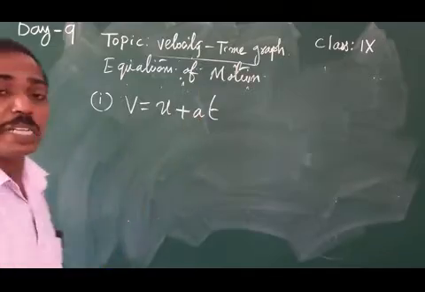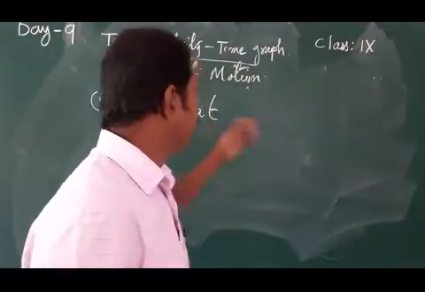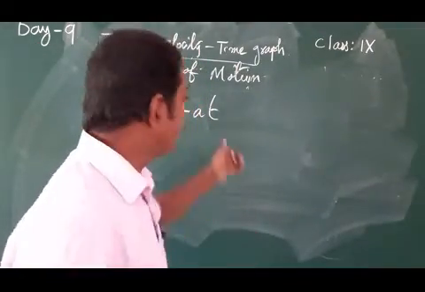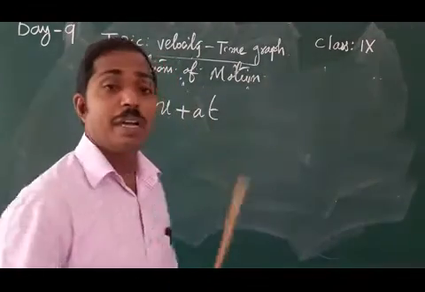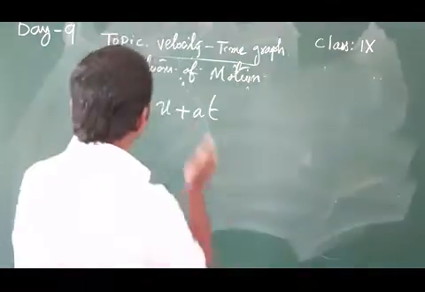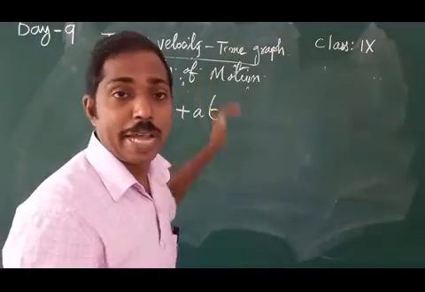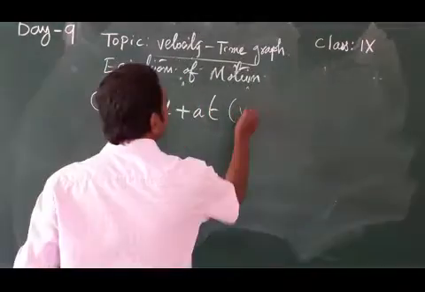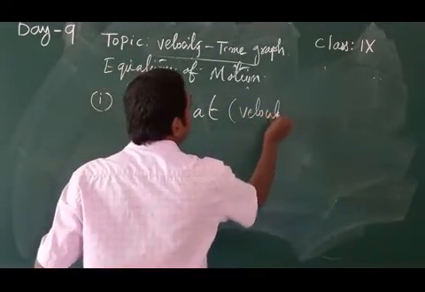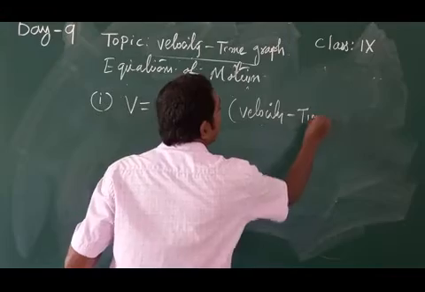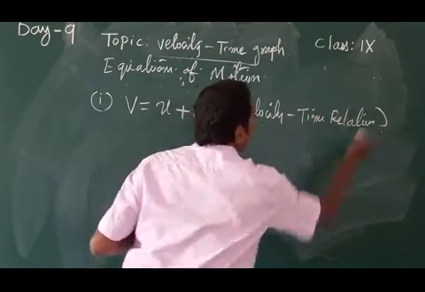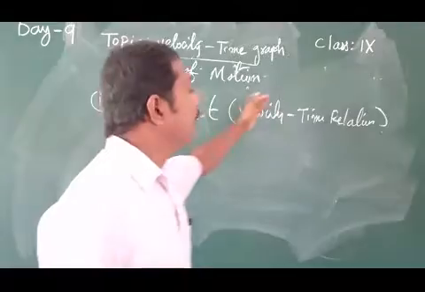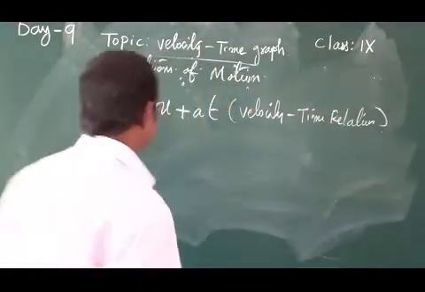What is acceleration? Acceleration is change in velocity by time. So when you observe, two terms are there: one is velocity, the next one is time. Then it is known as the velocity time relation.